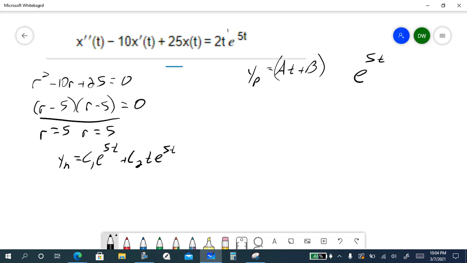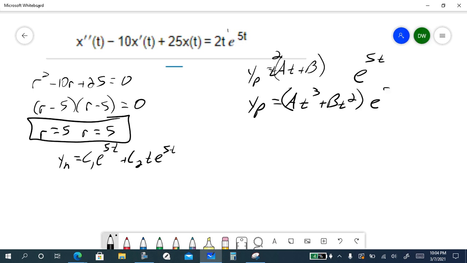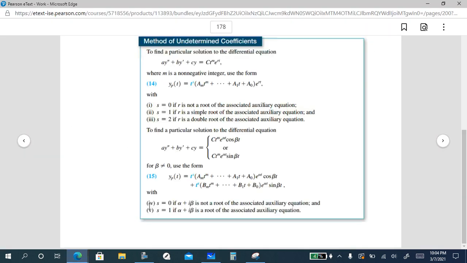Since 5 is a double root, we're going to have to pick up not just one t, but two t's in front of this. That's going to make our particular solution of the form (a t cubed plus b t squared) e to the 5t. We go back and look at our list.